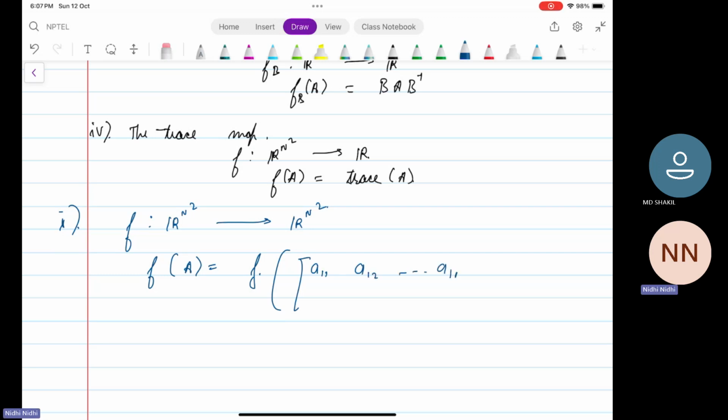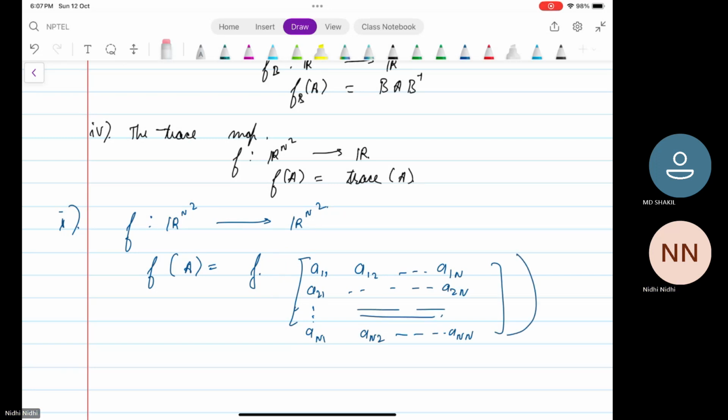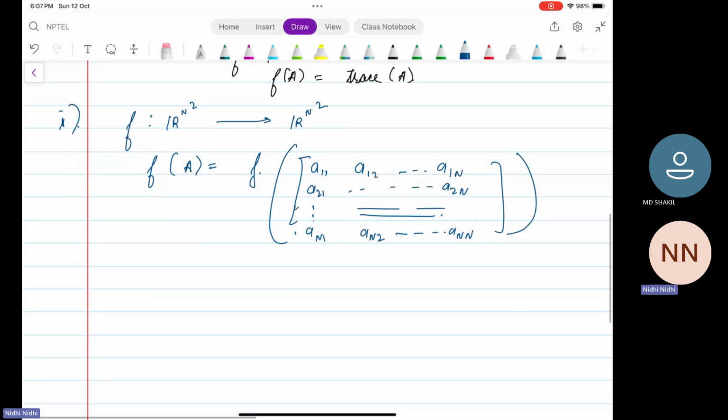Here, all the aij's are variables. Hence, we have n square variables. Its general form is quite difficult to express, but eventually everything will be a polynomial in the variables a11 to ann.